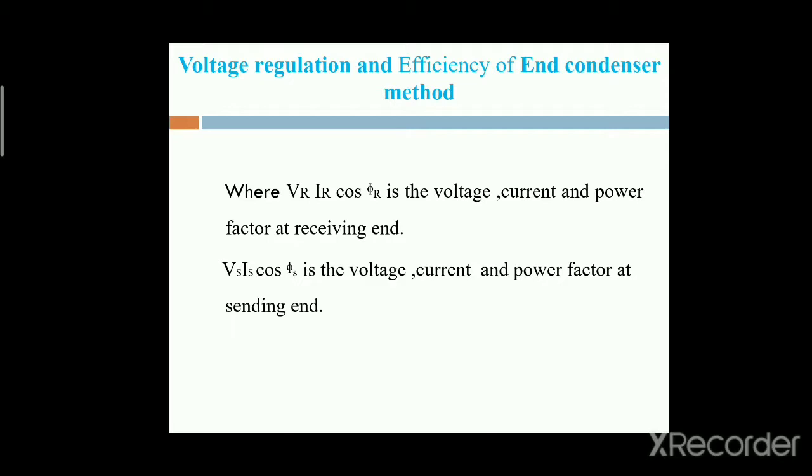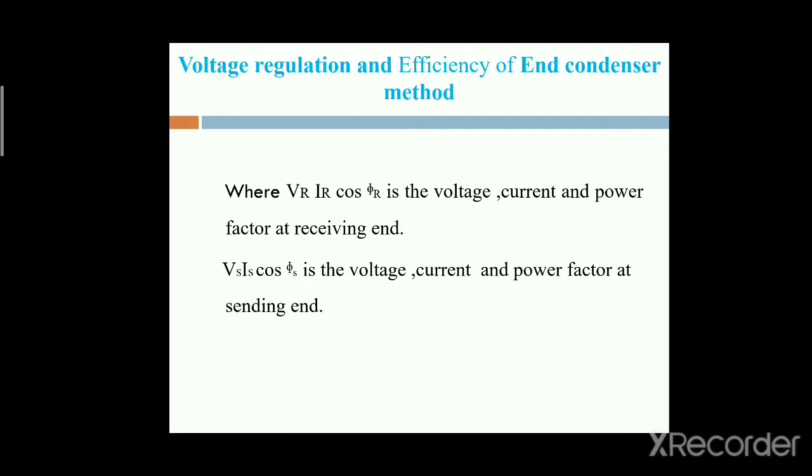In the coming class I will discuss the middle condenser method, that is the nominal T method, and the nominal pi method.